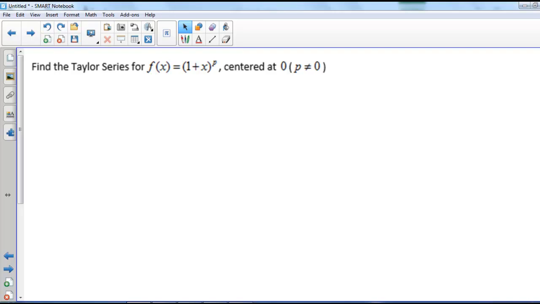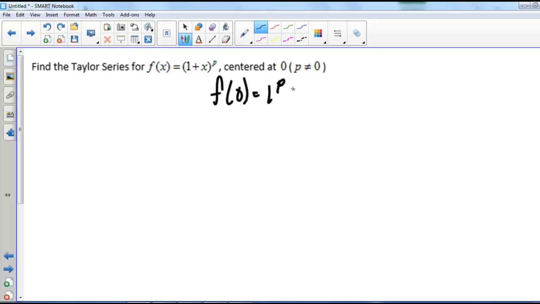Now we want to find the Taylor series for f of x equals 1 plus x to the p centered at 0 when p does not equal 0. So first we find f of 0, and that will be 1 to the p, and 1 to any power is 1. Then we find f prime of x, which is p times 1 plus x to the p minus 1.